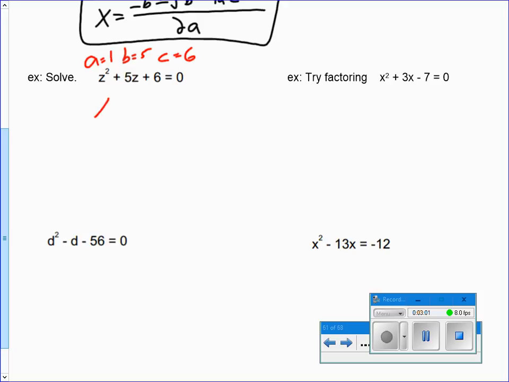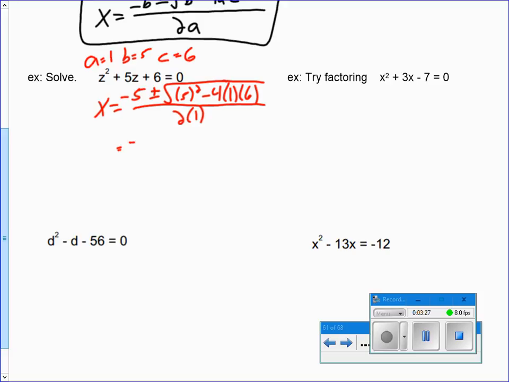So we'd set it up: x equals negative b. So that would be negative 5 plus or minus square root b squared, so that's 5 again, squared, minus 4 times a is 1 times c is 6, all over 2a, and a is 1. Alright, so everything from here on out is just going to be simplifying and reducing following the order of operations.